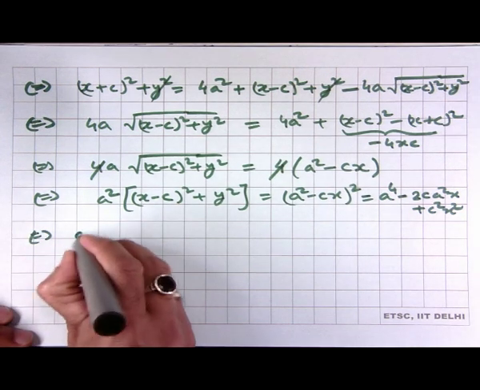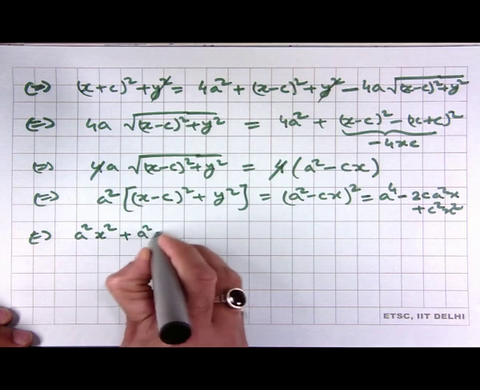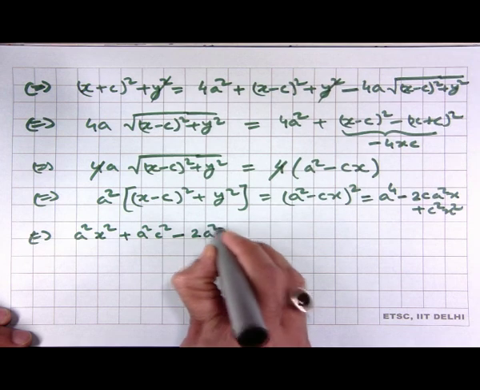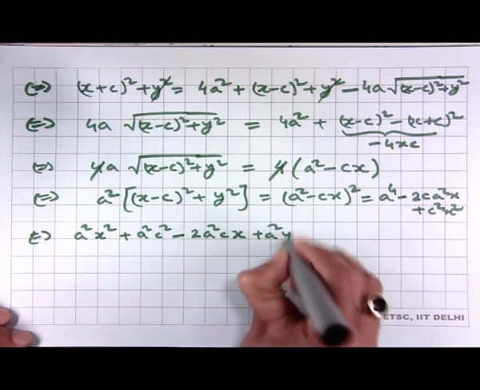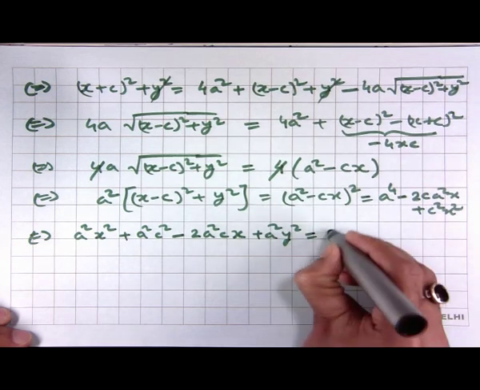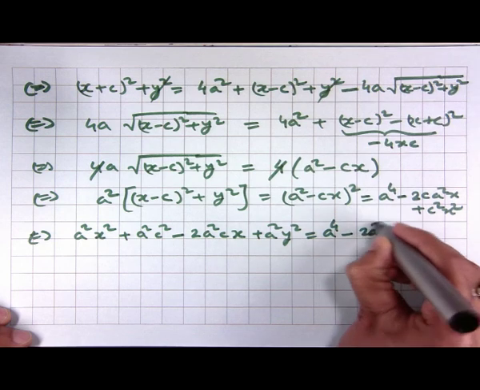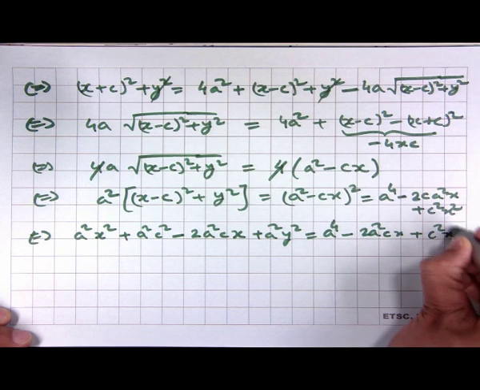So, we get a square x square plus a square c square minus 2a square cx plus a square y square equal to a to the 4 minus 2a square cx plus c square x square.